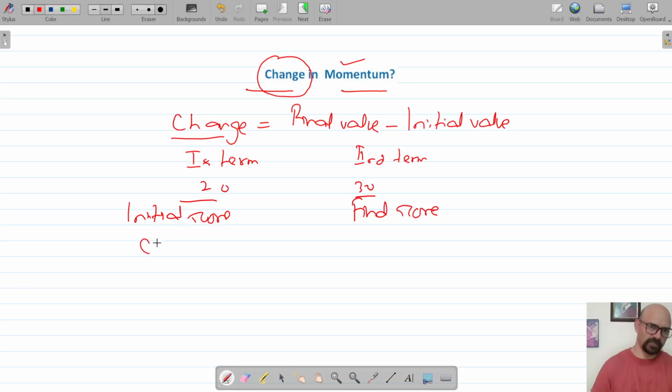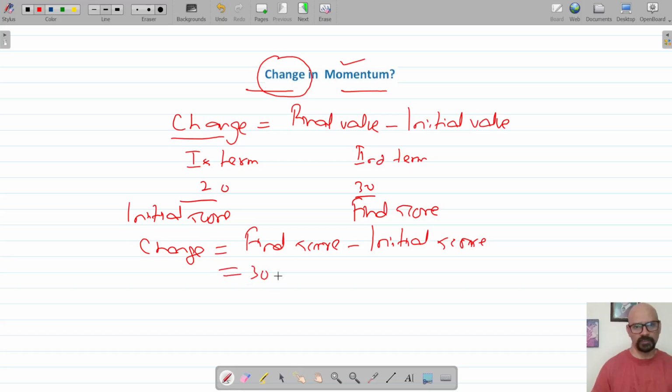And what exactly is the change? So change will be final score minus initial score. So final score is 30 minus 20, which is equal to 10. So 10 is the change. This is how we calculate the change, by subtracting the initial value from the final value.